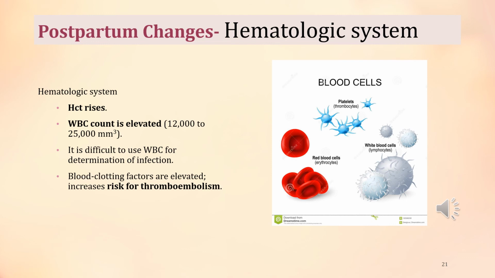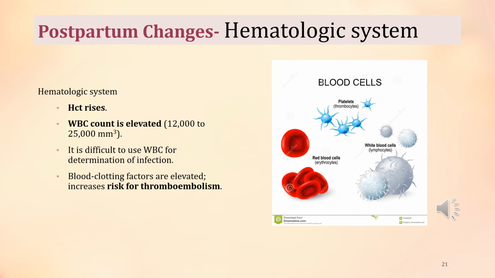All right, so when we talk about our hematological system, what happens during delivery and afterwards. So prior to delivery or when mom comes in labor, you're going to see an elevated WBC count. That is perfectly normal to see a 12,000 to 25,000 WBC count.